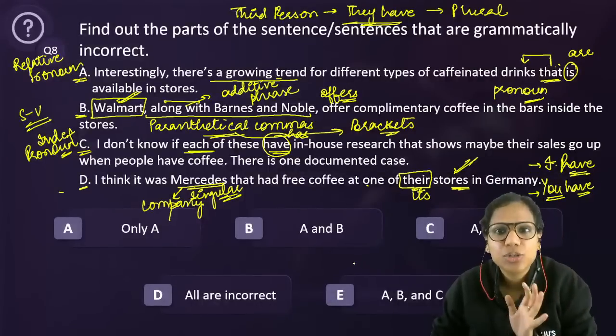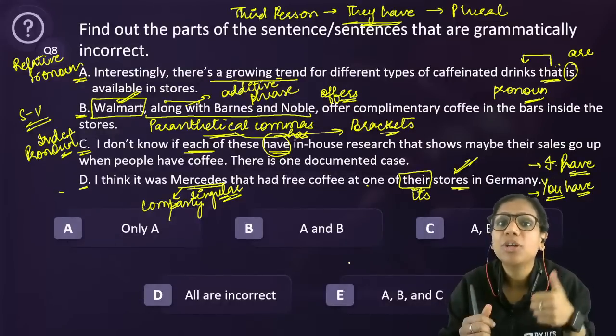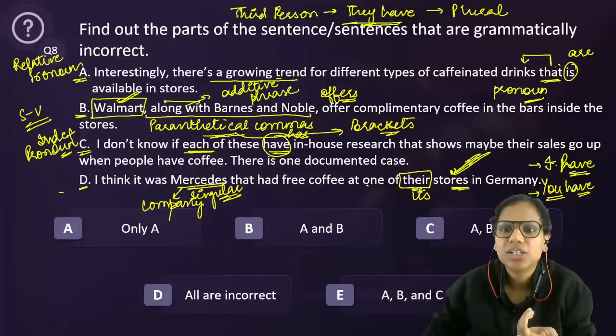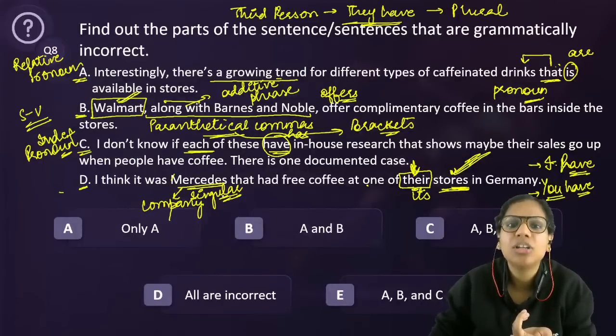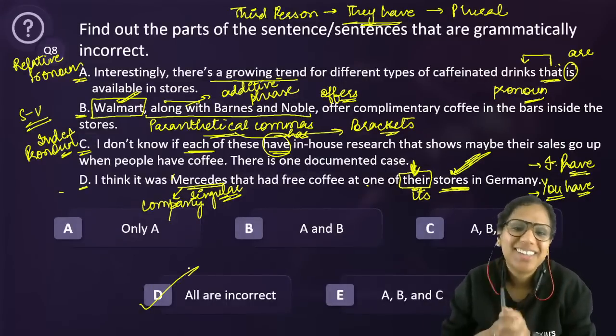One of its songs, you will say, not one of their songs. Songs is used because it is one of many, right? One of many. So here also we've retained that structure, one of the stores. But here it can't be there. There refers to something before it, and this is not plural. So that's why all are incorrect here.